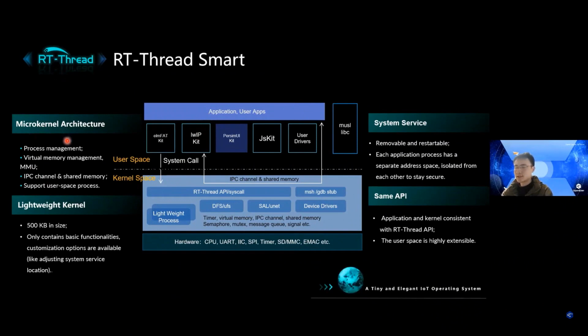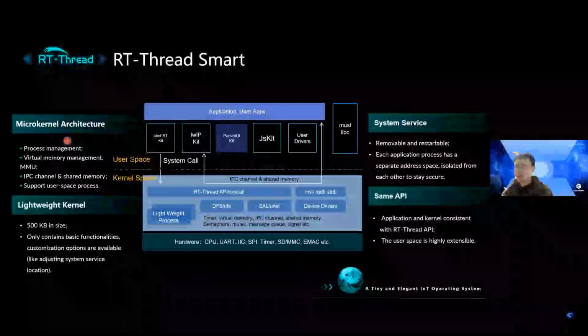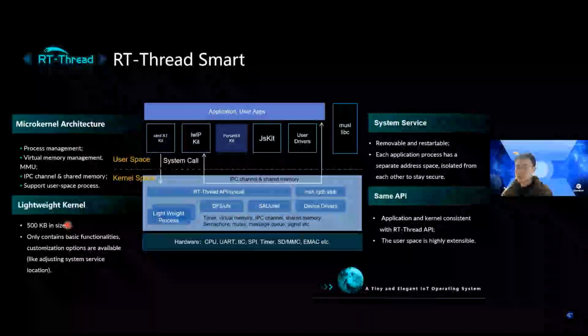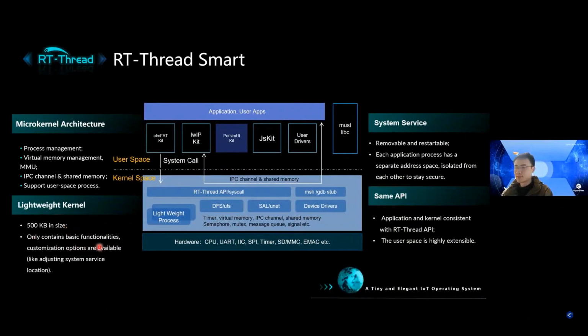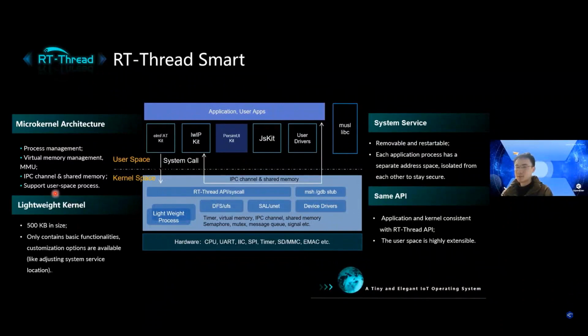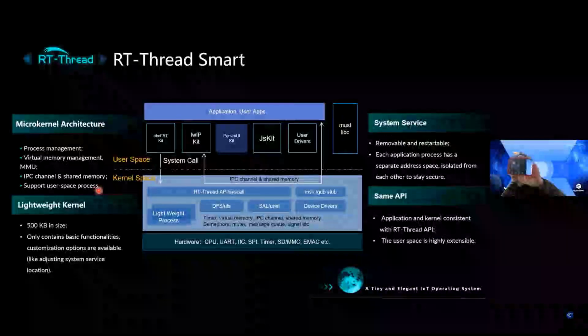The Linux kernel includes the device driver and file system, and etc., making it relatively large, several megabytes. While RTOS Smart is a microkernel, it only contains basic functionalities, making it very small. It requires only 500 kilobytes. It also supports user space processes as well. As I mentioned before, you can try RTOS on Raspberry Pi.